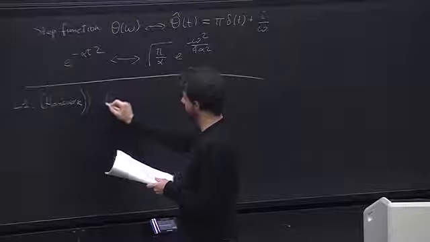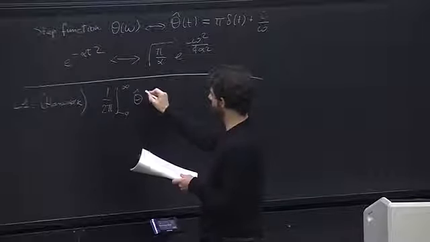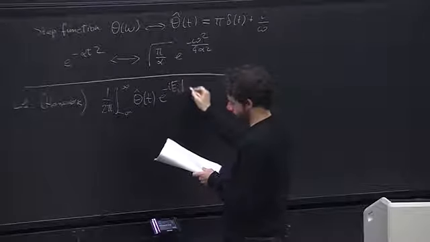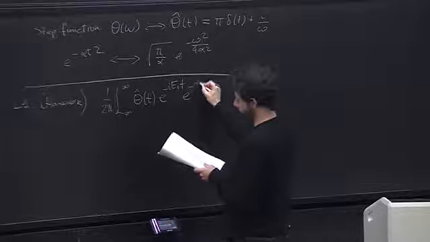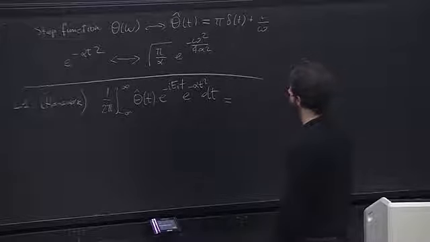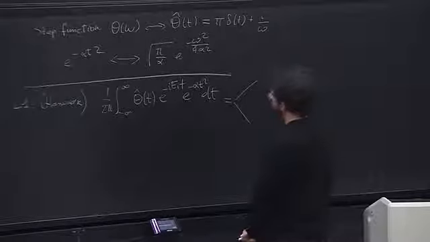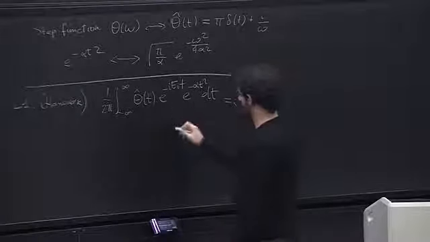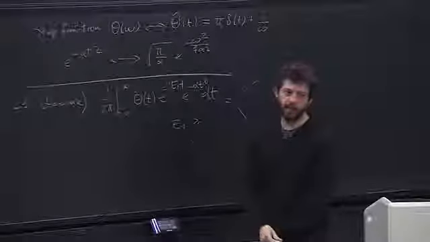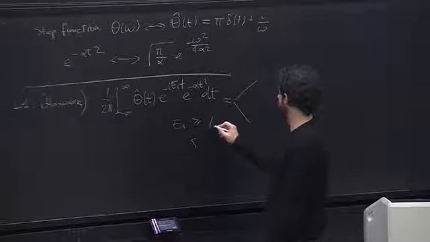The integral between minus infinity and infinity of this guy, theta t, the Fourier transform of the step function, e to the minus iEt, e to the minus alpha t squared dt, is equal to two values that can be approximated in this way, depending on whether this E is below or beyond a certain value that I can call delta. Let me call it E star.